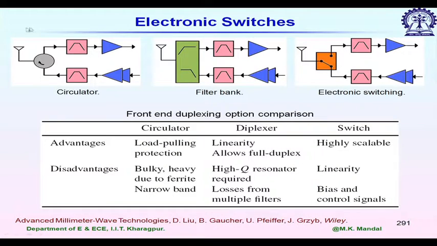isolate input and output. The first example here is based on a circulator. So, in this typical example, one single antenna is connected to the transmitter side and the receiver side, and now when this signal from the transmitter side goes to the circulator, it directs the signal to the antenna, and if any signal is received by the antenna, then the circulator directs it in the same direction to the receiver, in a clockwise direction as shown.